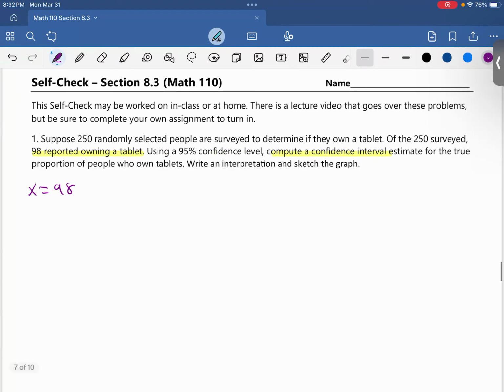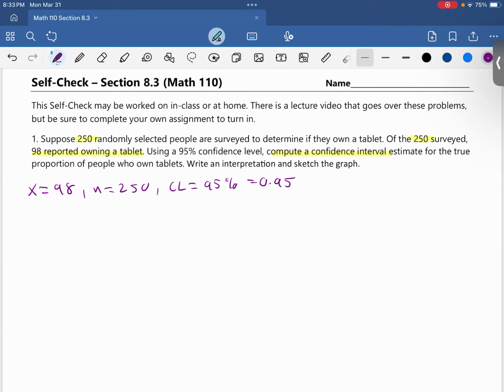And then my total sample is going to be 250 because that's the total amount of people being surveyed. Okay. And I have a confidence level of 95%, which is 0.95.